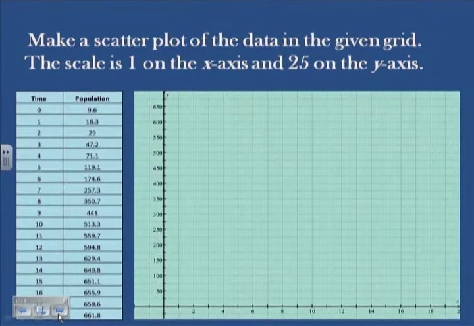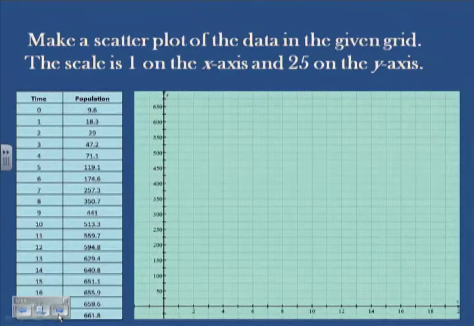Okay? So what I'd like you to do, if you have pulled down your handout from Blackboard or from your Missouri State connection, grab a hold of that graph and your data, and plot the points. Now, I've already made these increments. We're going up by 25s on the y-axis.